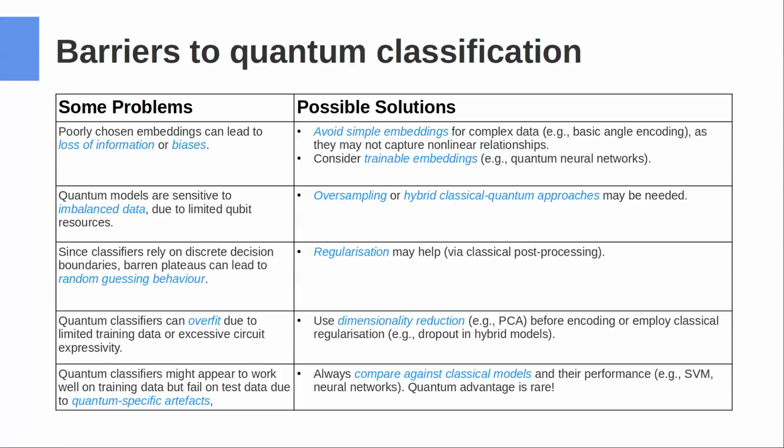We have overfitting problems, especially the classical part overfits very quickly. And one issue with that could be too many parameters. So the model learns by heart. You could reduce the number of parameters, and dimensionality reduction could help, like PCA. You could also use dropout layers and other regularization techniques, standard in classical machine learning.